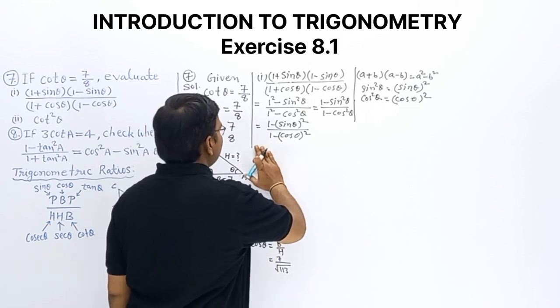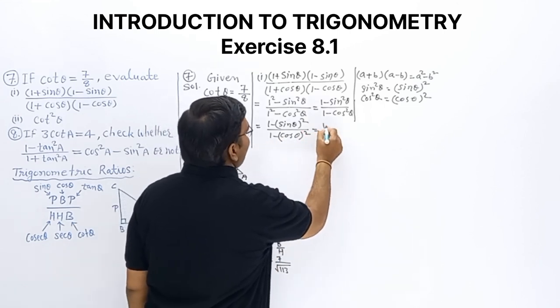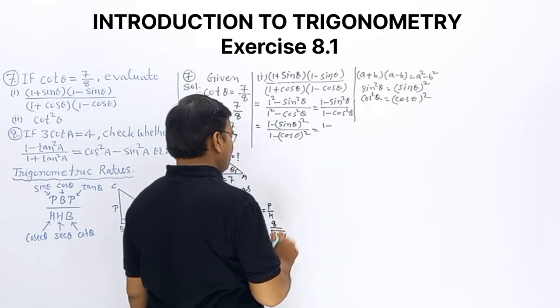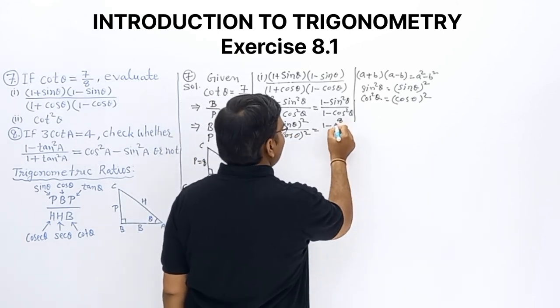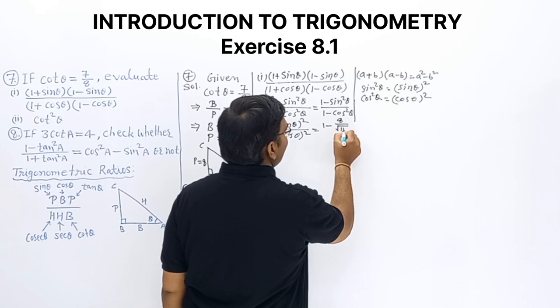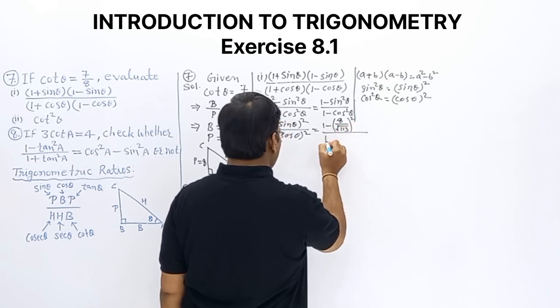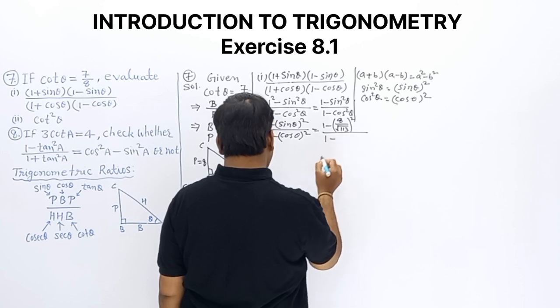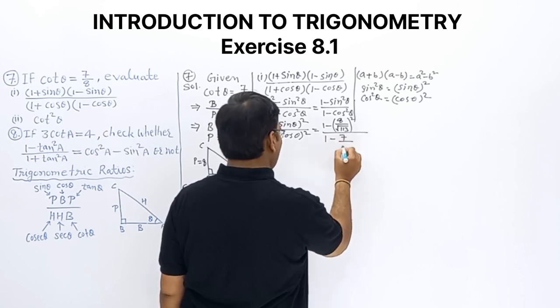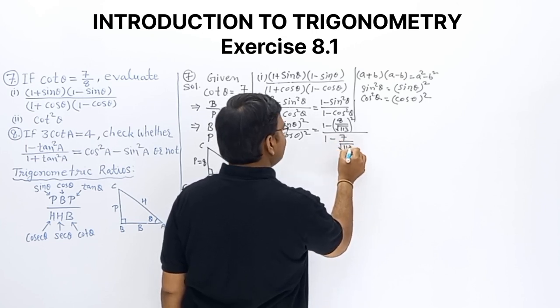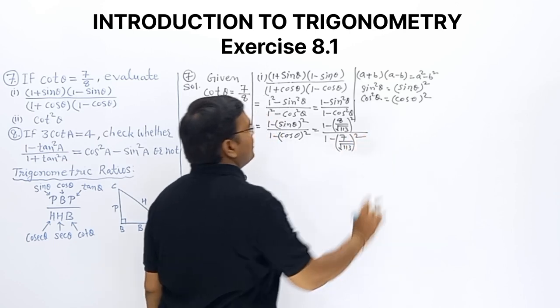Put these two values in this question, then what will be the result? Observe. 1 minus sin theta, where sin theta is 8 upon square root of 113 whole square, divided by 1 minus cos theta, where cos theta is 7 upon square root of 113 whole square. Clear?